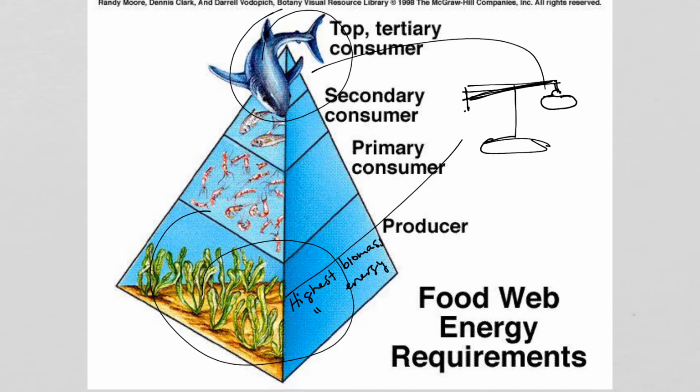I'm trying to show this tilting. There we go. So your producers all together are going to have more mass than your consumers all together. And that's because of the available energy that can move up the different levels of the pyramid.